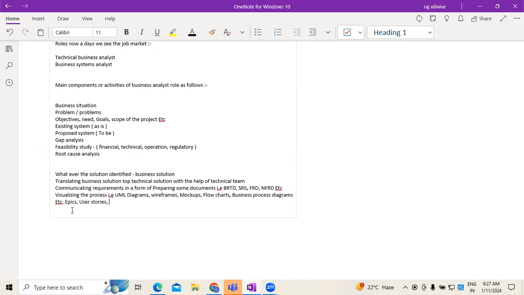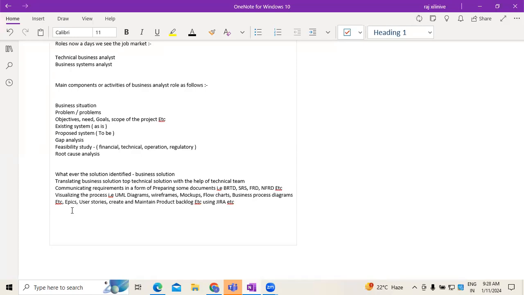At the same time, we create and maintain the product backlog, using different tools like JIRA, etc. So these are all things we do as a BA. This has nothing to do with any domain. Of course, domain expertise is something added on, but regular BA activities are related to this. The kind of techniques we use, and the kind of chat sessions, all of these come under BA.